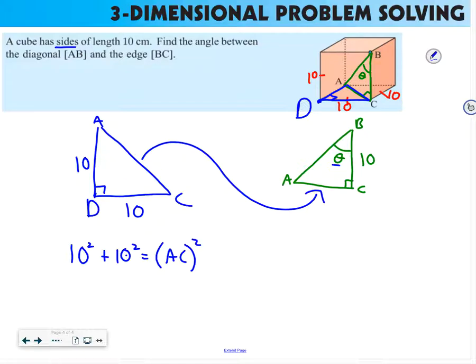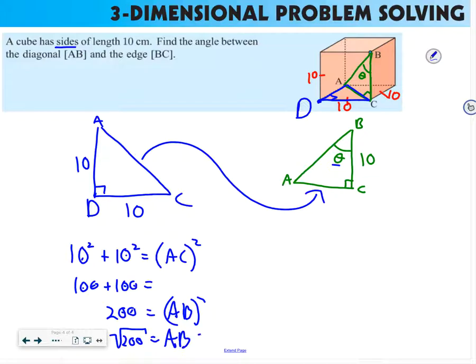Okay, well, I get 100 plus 100 is equal to 200, which is equal to my AC squared. Well, take the square root, and I get the square root of 200 is equal to AC. Well, the square root of 200 can be written as 10 square roots of 2.